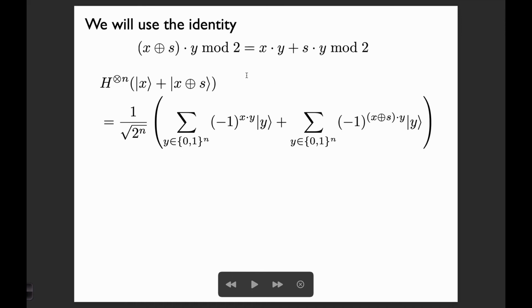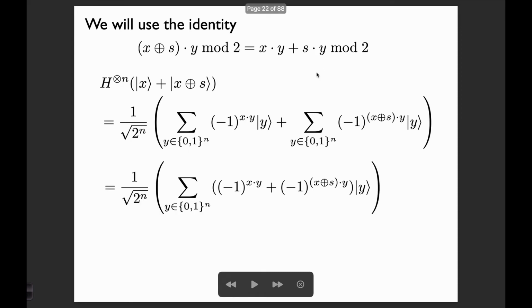Now I'm going to use a distributive identity. You can easily check that x XOR s dot product with y, mod 2, is just x dot y plus s dot y mod 2. I'm going to use that identity here.